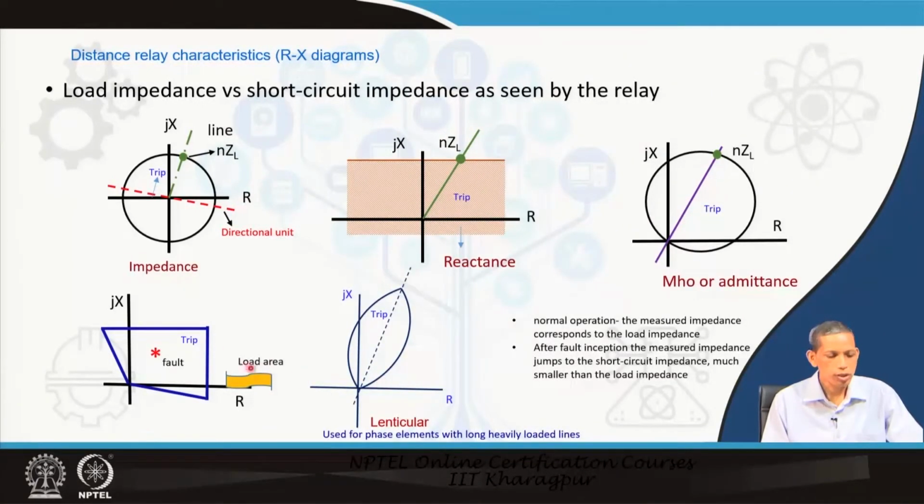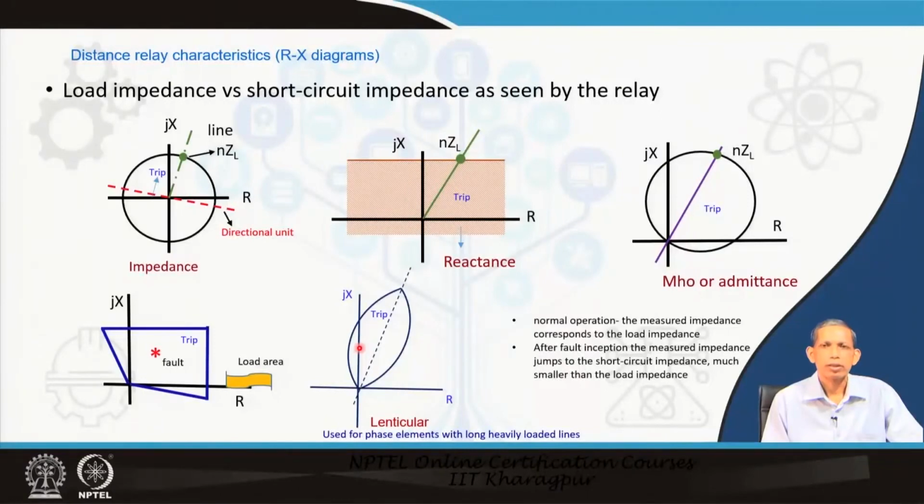So, we see this variety of characteristics for the distance relay, the characteristics required for protection decisions. A distance relay may use any of the characteristics, a combination of the characteristics, or multiple characteristics in a numerical relay to make a correct decision during a fault.